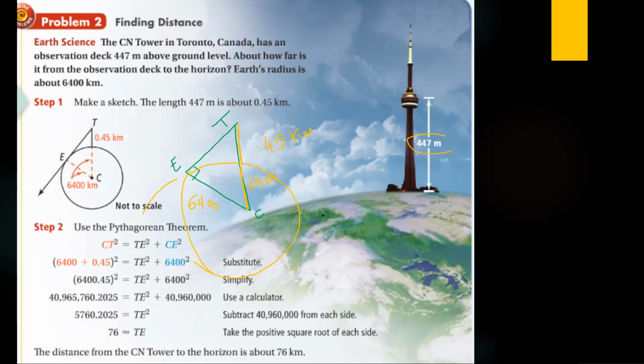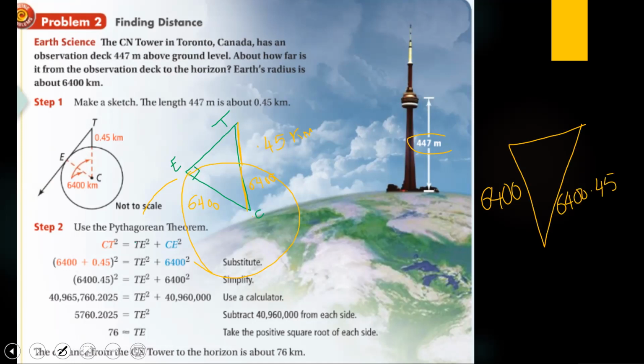So here we have 6,400, and here we have 6,400 plus 0.45. So now the big triangle will be 6,400 on one side, and this one here will be 6,400 plus 0.45. I need now to find this one, which is ET. Do you know why it is 6,400.45? Yes, teacher. Then after that, I add them because I want to find the big triangle.